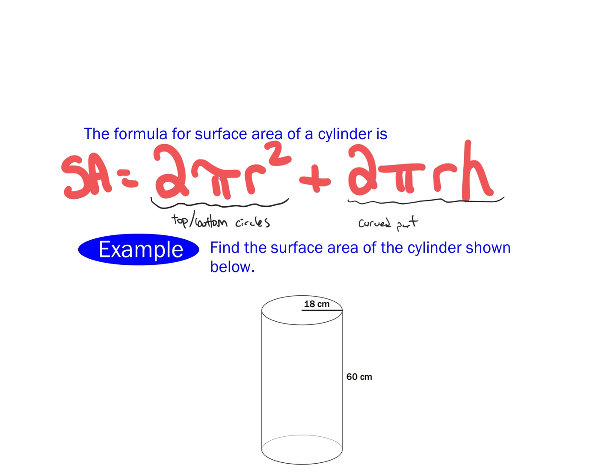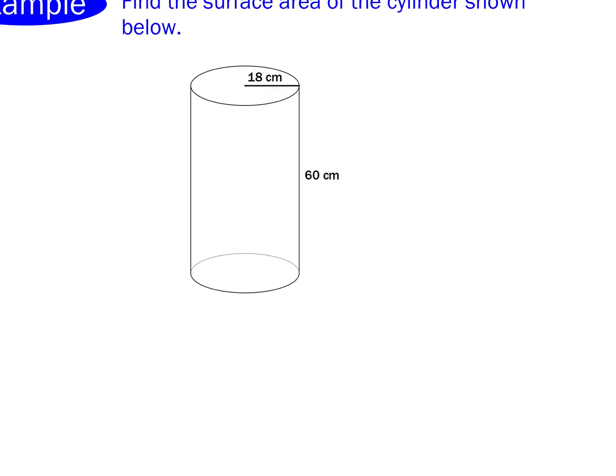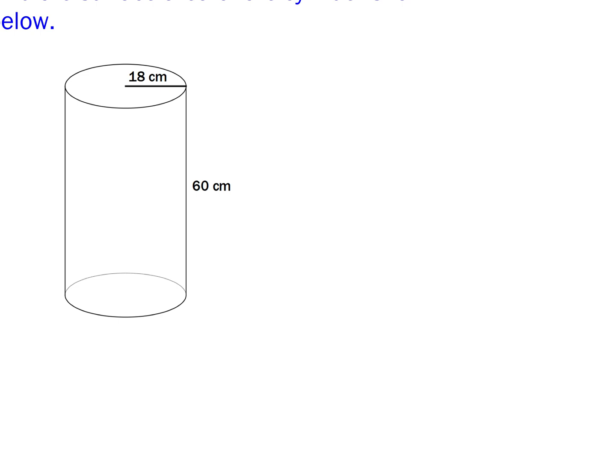Okay? Now, we have a cylinder right here. We are going to use the formula to find its surface area. So surface area is 2 pi r squared plus 2 pi r h. Whenever we do a question like this, we need to try and identify what the key parts are.